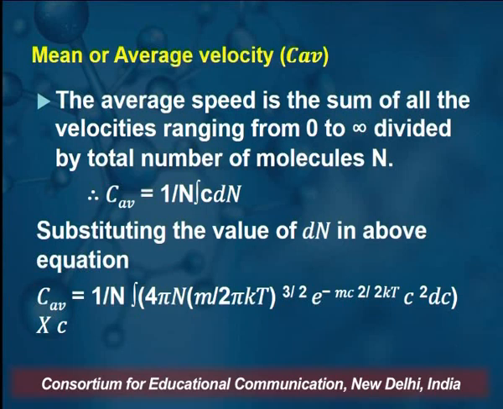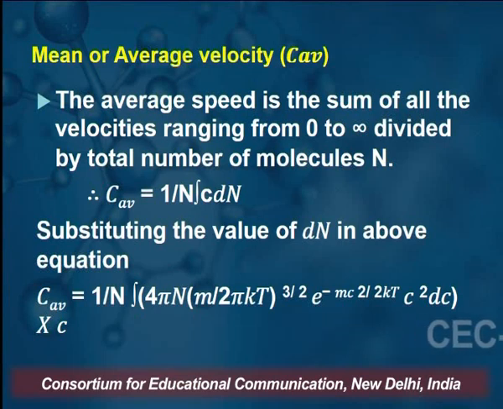So, let us substitute the value of dn in the above equation. C average becomes now 1 by n integral 4 pi n into (m by 2 kt) raised to the power 3 by 2 e raised to minus mc square by 2 kt into c square dc into c.